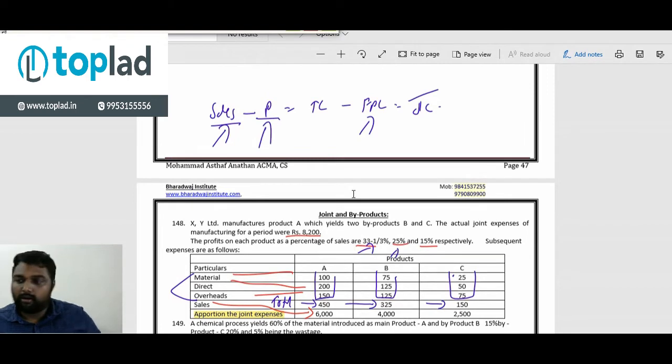We have our sales, we have our profit. If you minus, we will get what? Total cost. Then if you reduce the further process cost, we will get what? Joint cost.